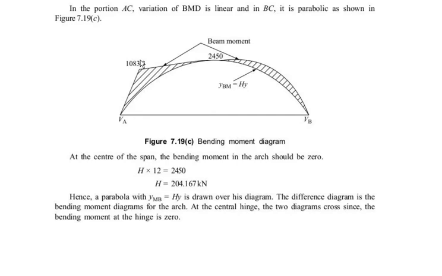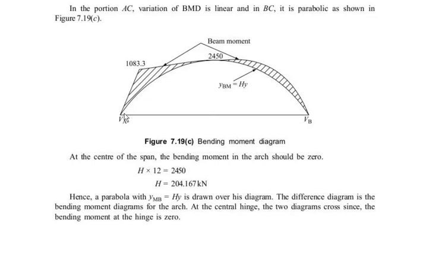So this is the bending moment diagram of the arch. In that we have already marked the beam moment. From the equivalent beam moment we have to deduct the arch shape Hy. The remaining shaded portion is the bending moment present in the arch.